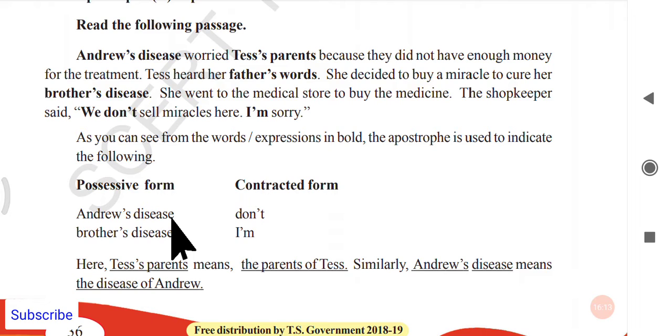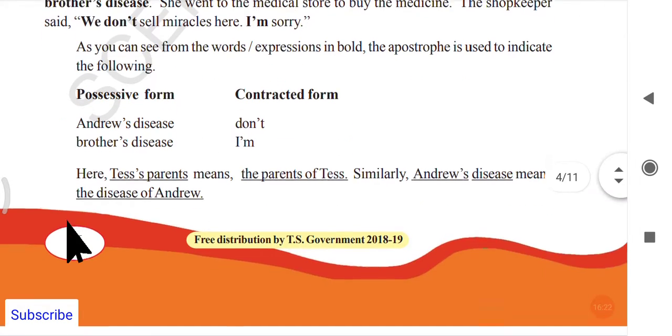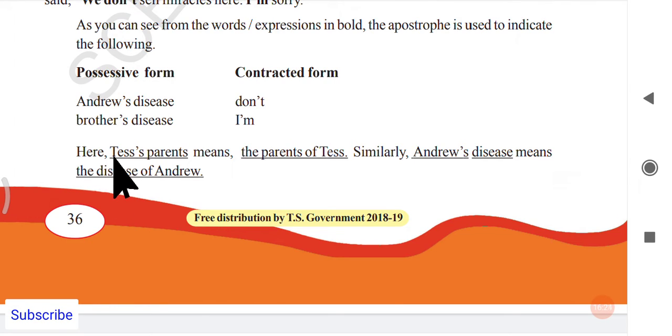So Andrew's disease, brother's disease. Next, don't, am, these are contracted forms, the others are possessive forms. Here, Tess's parents means the parents of Tess. So whatever "of" is there, we write an apostrophe instead, and we call "of" in Telugu "yokka".